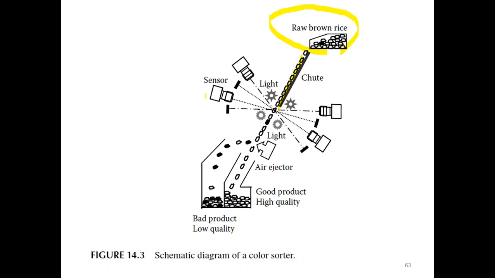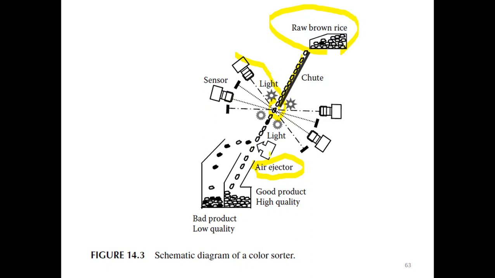And here will be a sensor, and the light will illuminate the kernel. At different angles, the sensor will capture its signal, and using this signal it decides the quality of the kernel. After the slide, you will see here is an air ejector, which is controlled by the computer, of course, based on the signal from this sensor.